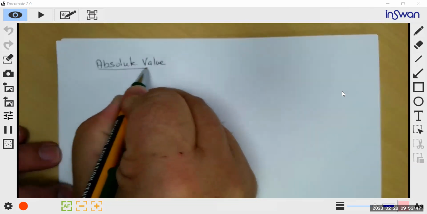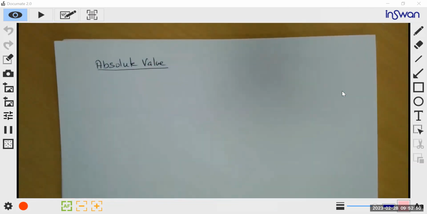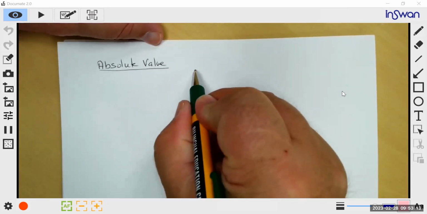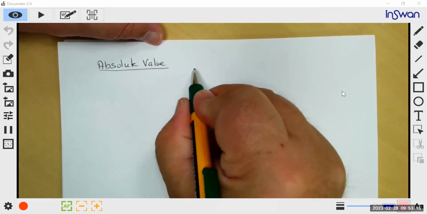The absolute value. I know you all have seen it. What does an absolute value look like? You haven't seen it? Okay, that's not a problem.